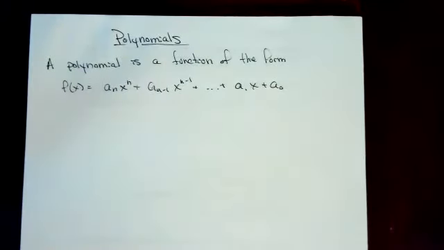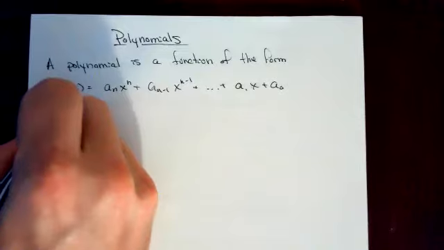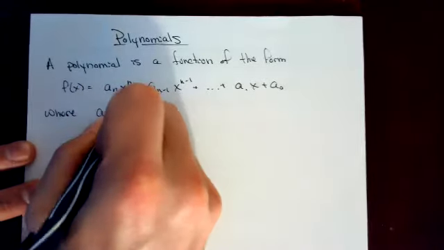So it's a function with powers of x multiplied by constants. And these constants, these a sub i, can be any real numbers.